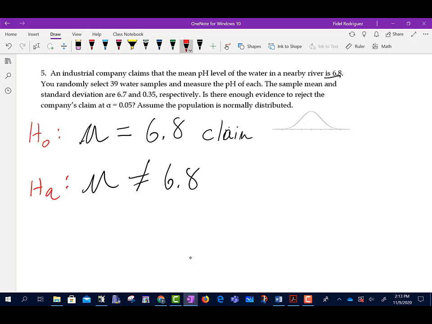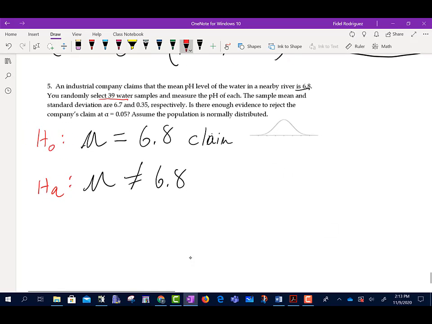Now, it says we select 39 water samples and measure the pH of each. So that's telling me so far that my n is 39, which tells me that my degrees of freedom is going to be 1 less, which will be 38. And it says the sample mean and standard deviation are 6.7 and 0.35 respectively.